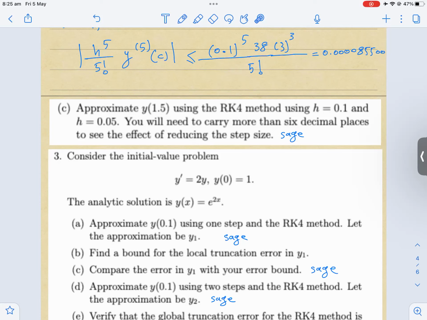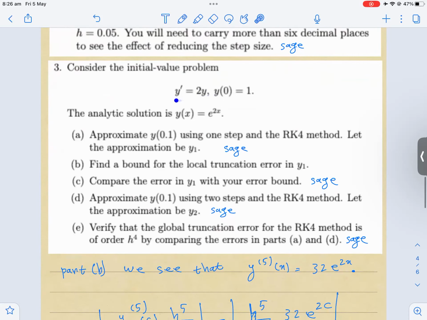As we saw last week, most of the time the algorithm that you develop yourself will be faster than built-in commands. Question 3 is this, a simple y prime.